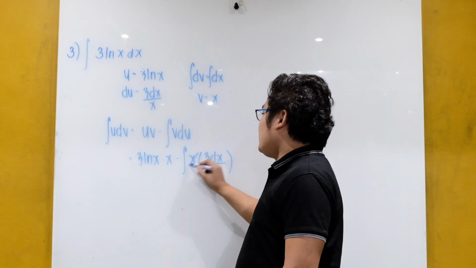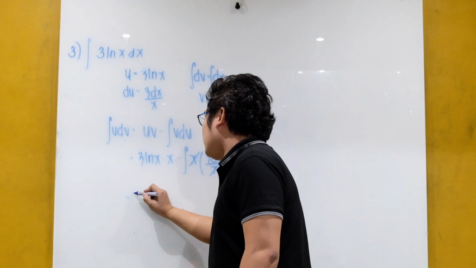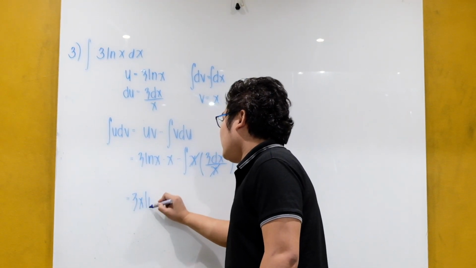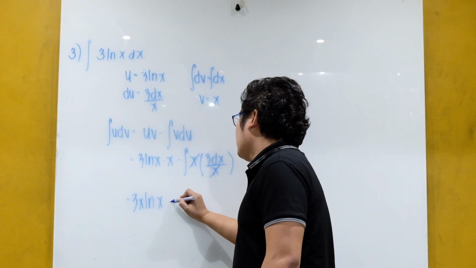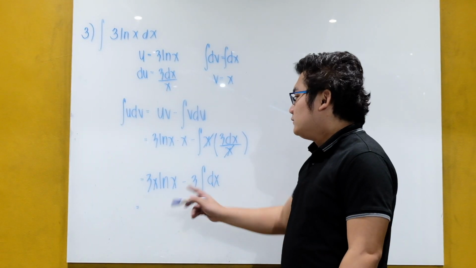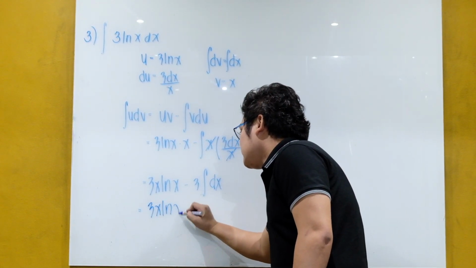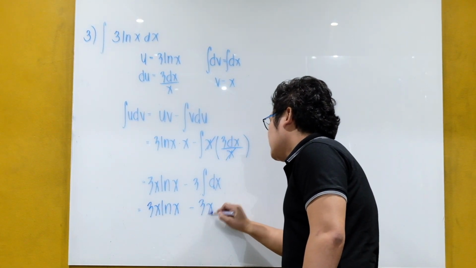So x will be cancelled out. And the function will now become 3x ln x minus 3 times the integral of dx. So this will become 3x ln x minus 3x plus c.